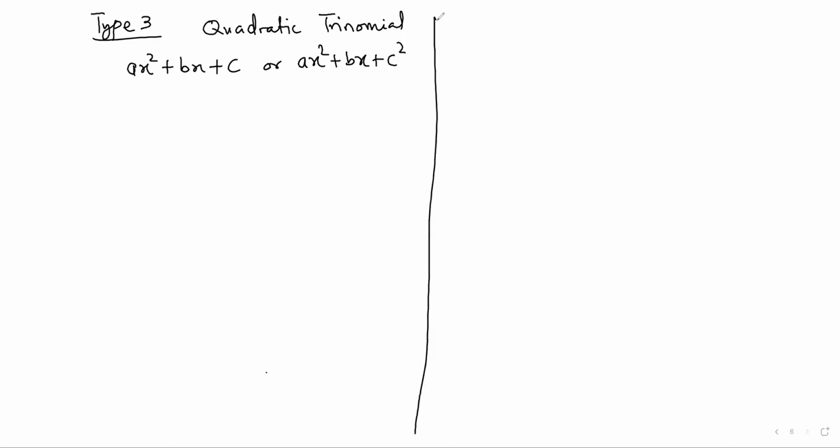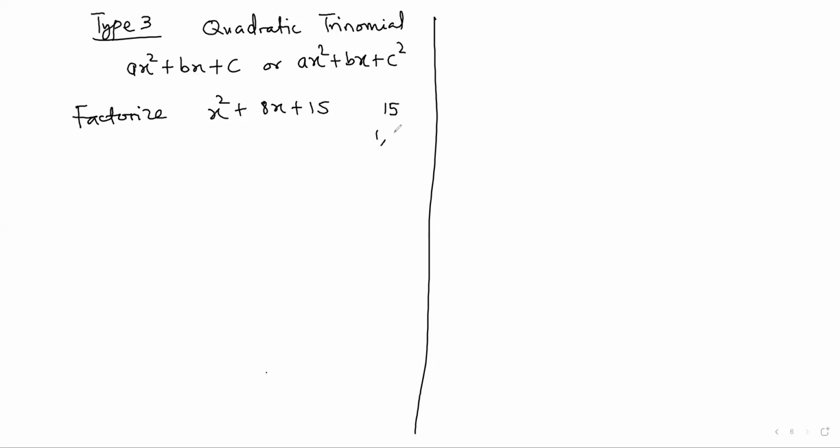Let me give an example so you understand what I just explained. So we factorize, for example, x squared plus 8x plus 15. So once again, the coefficient of x squared is a, which is 1. So you have 1 times 15 being 15. Then you find the factors of 15 pairwise.